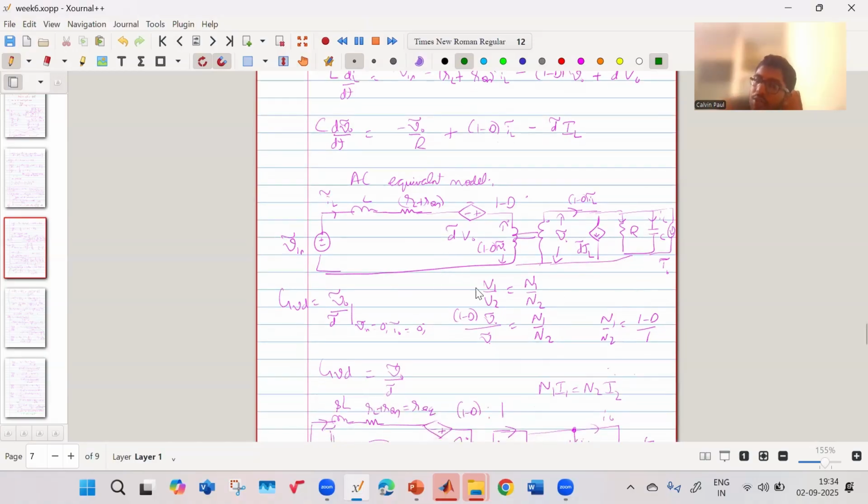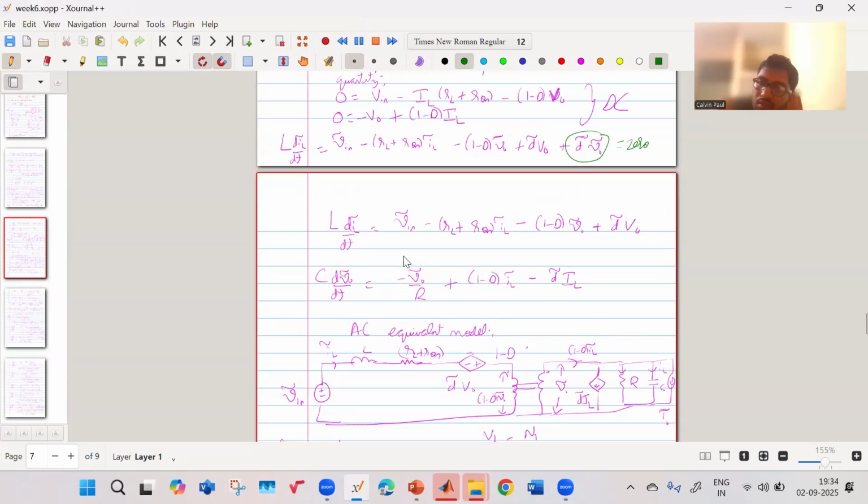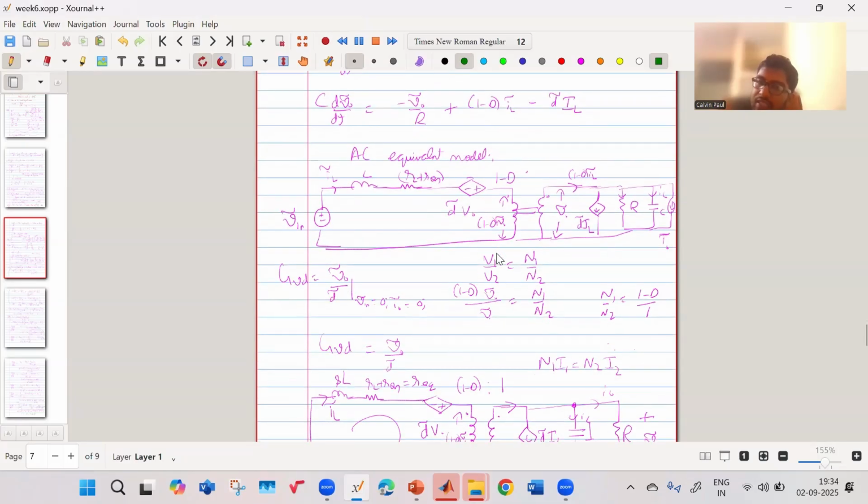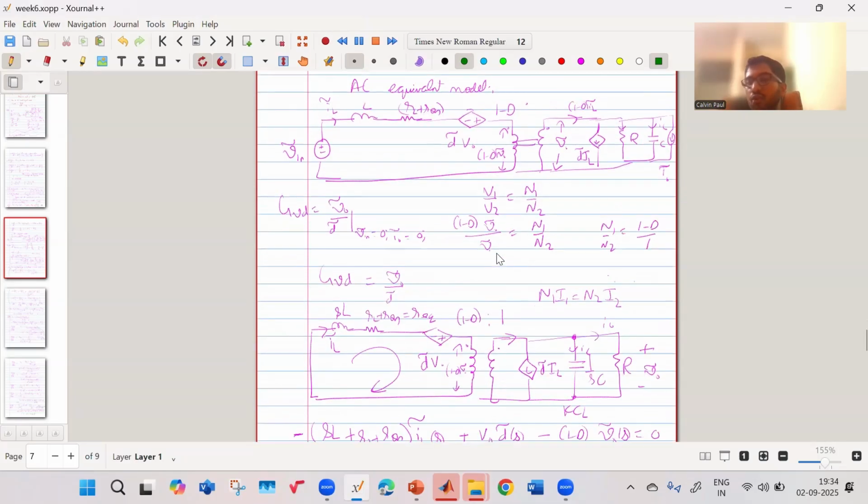This can also be done using the matrix method, where you have your A1 matrix, A2 matrix, your on state space matrix, your off state space matrix. Then you average that. That method also can be done. That is a more mathematical method. This is a more circuit based method.